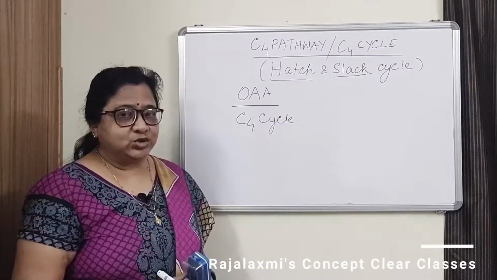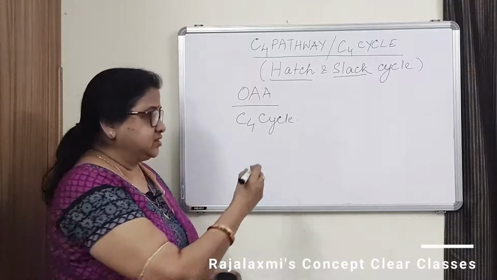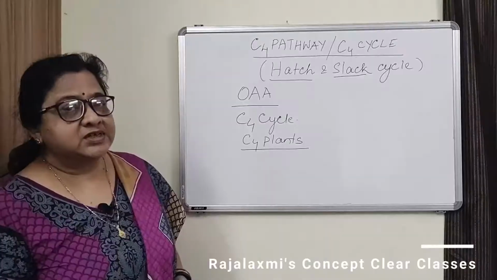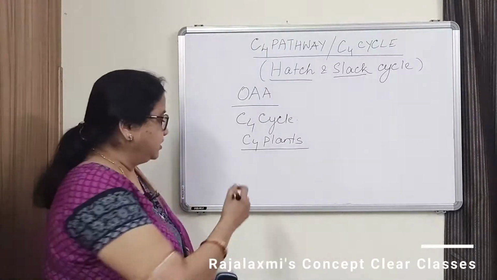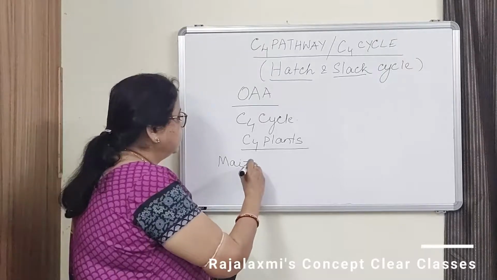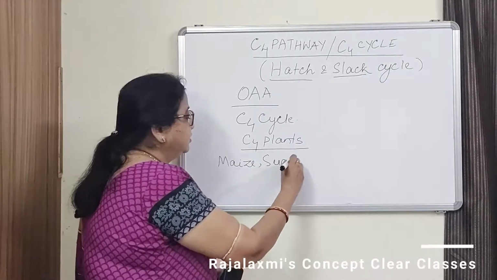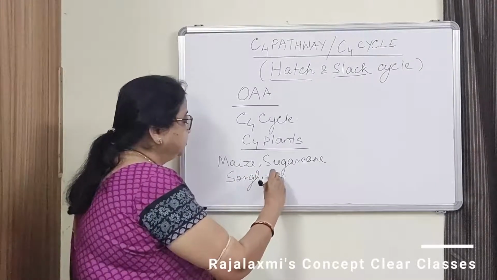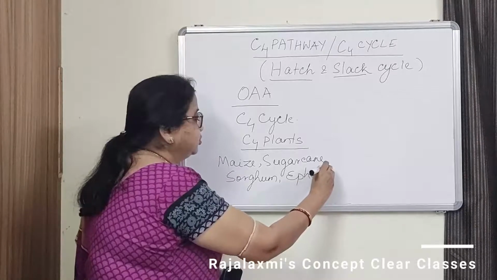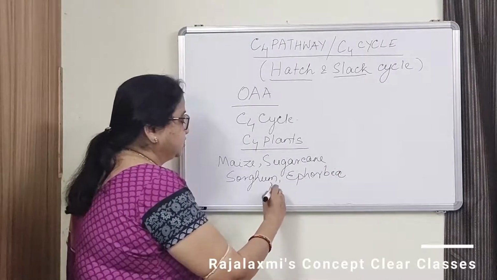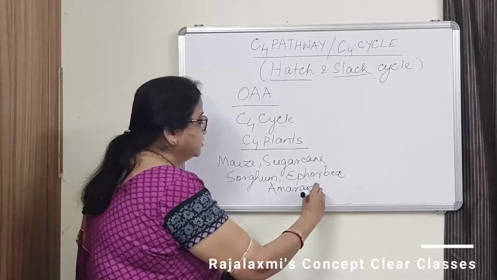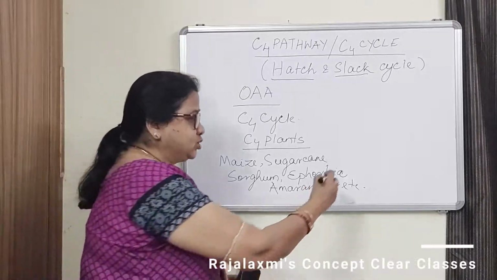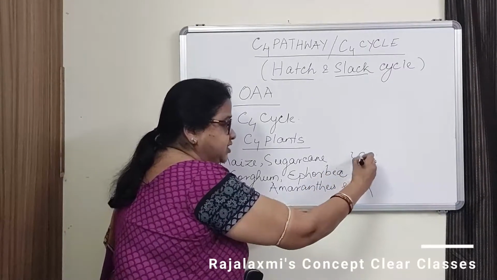The plants showing the C4 cycle are known as C4 plants. Some examples of C4 plants are maize, sugarcane, sorghum, euphorbia, amaranthus, etc. These plants also have a well developed C3 cycle.